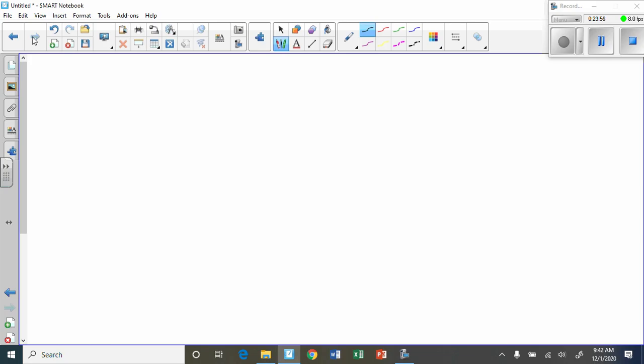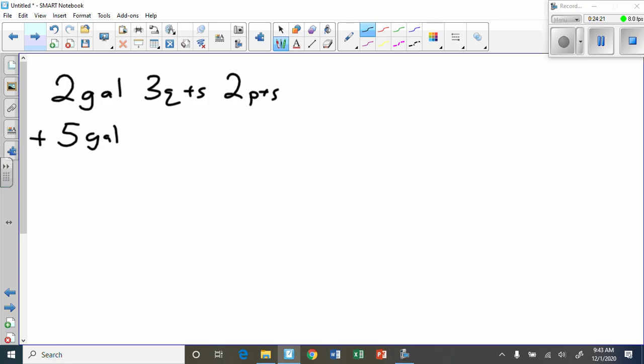Let's go with the first one. 2 gallons, 3 quarts, and 2 pints, plus 5 gallons, 7 quarts, and 3 pints.